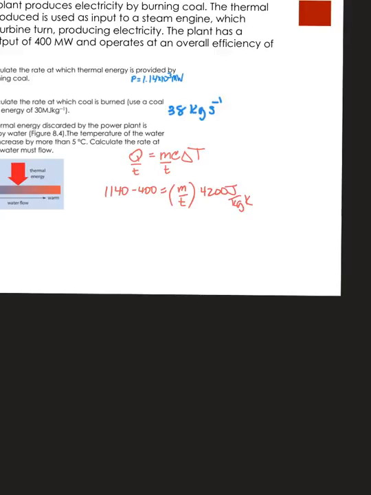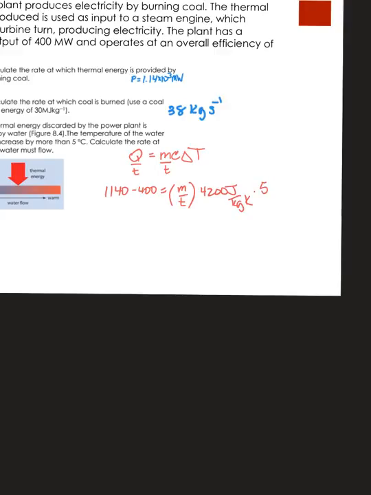You don't have to know this number. It's not in our data booklet, so somehow they'll either have to give it to you or have a way for you to be able to calculate it. But it's not a required memorization. And then the change in temperature is only allowed to be 5.